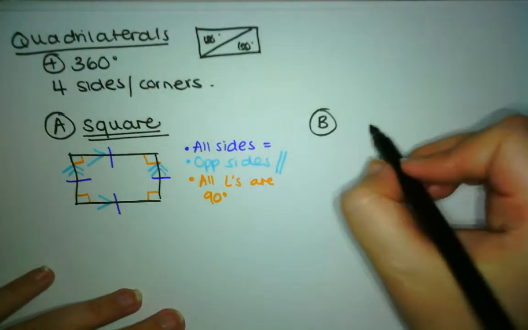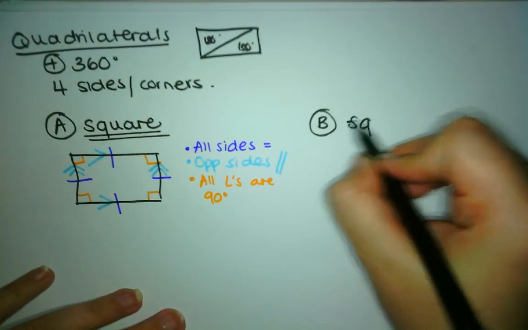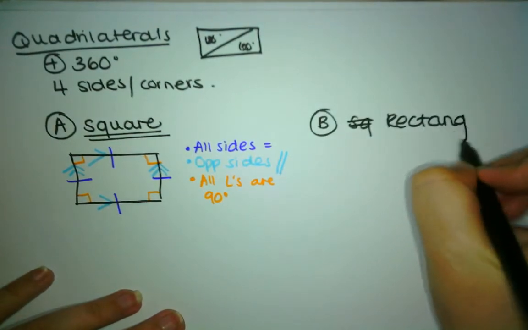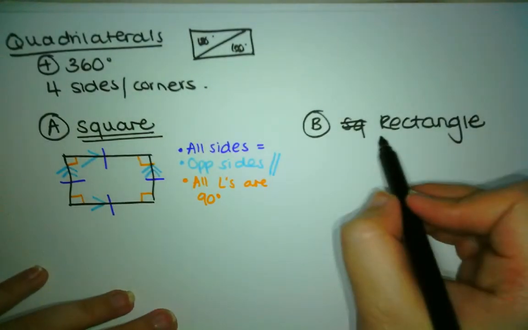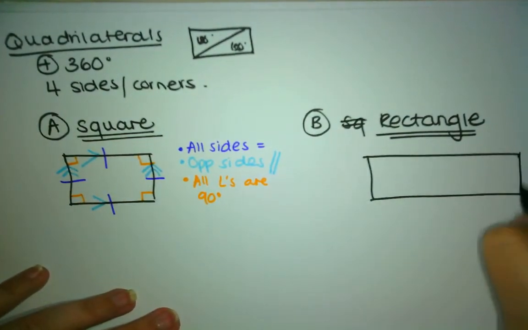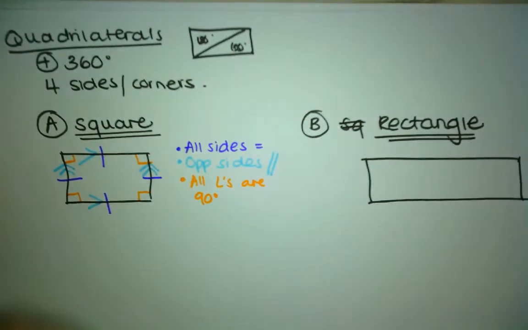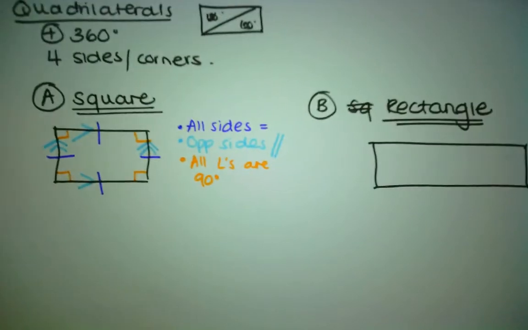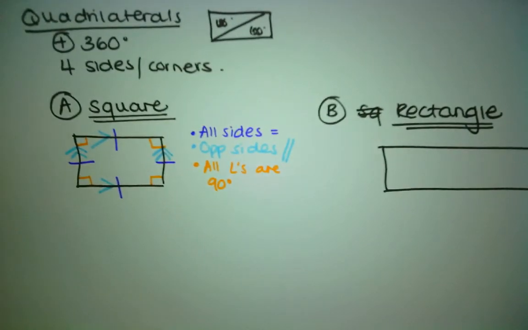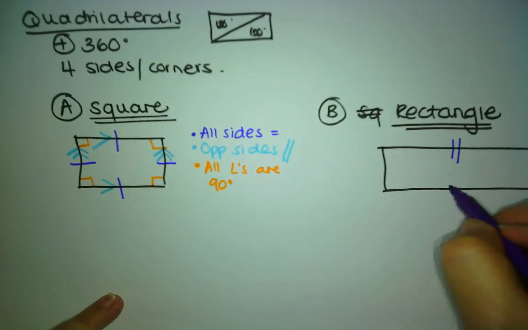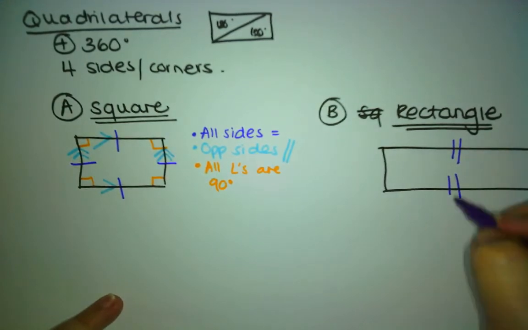There's only one difference. Oops, why am I writing a square? Rectangle. Okay, so I'm going to draw my very straight rectangle. Alright, so I'm going to do the same thing here. One thing that you should all remember is that a rectangle has these two sides are the same length.